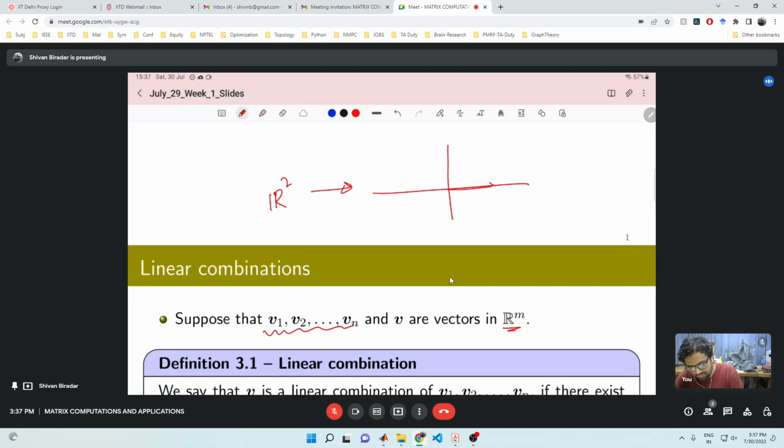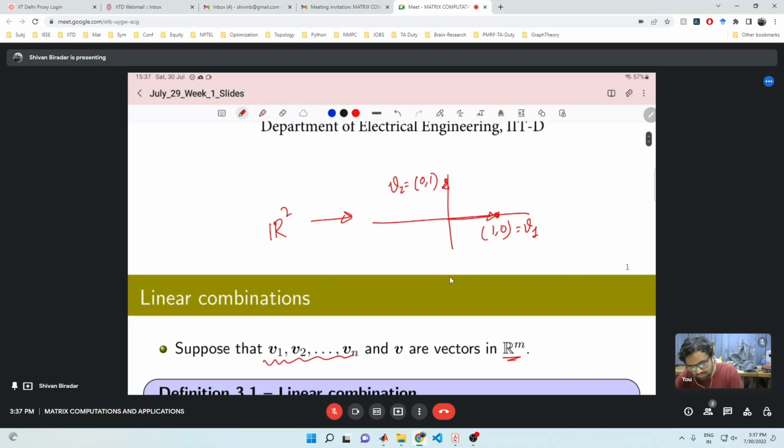And we have two vectors. Let us say this vector is (1, 0) and this vector is (0, 1). So the linear combination of these two vectors is alpha 1 v1 plus alpha 2 v2, where alpha 1 and alpha 2 belong to the real numbers.